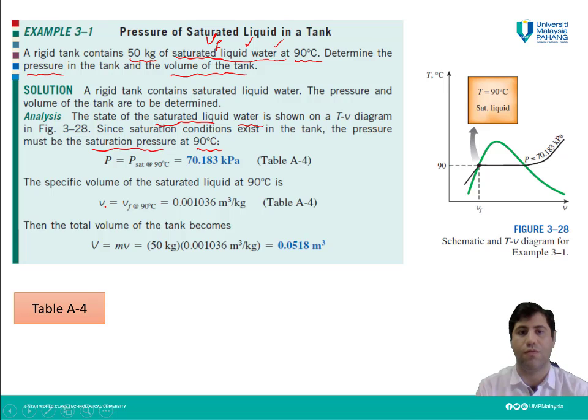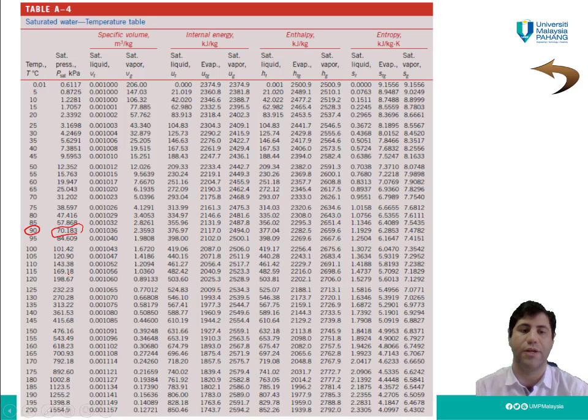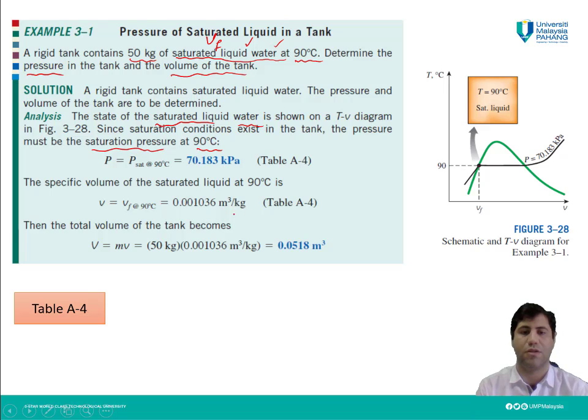Our specific volume is equal to vf at 90 degrees Celsius. Again go to table A4, 90 degrees Celsius. vf for this temperature is 0.0011036. Just go back. Yes, this is the specific volume of water at this state. But what we are going to find is the volume.